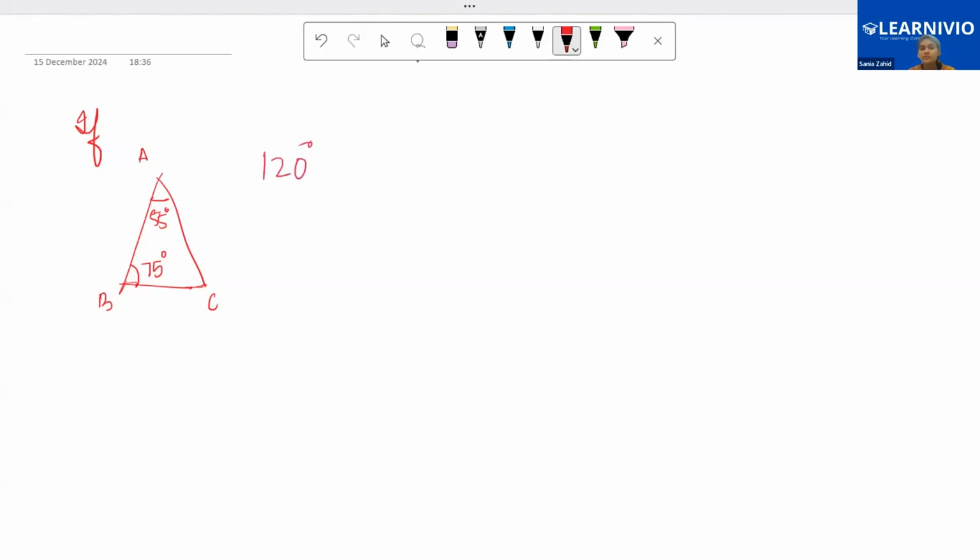So what is the question? Exterior angle, ma'am, at the exterior vertex. Okay, so find the third angle.